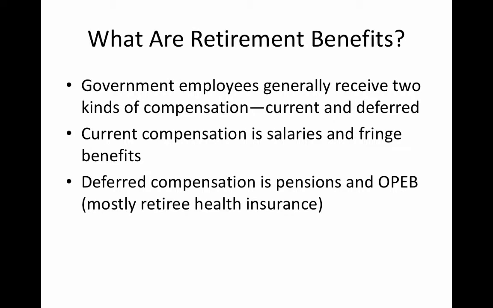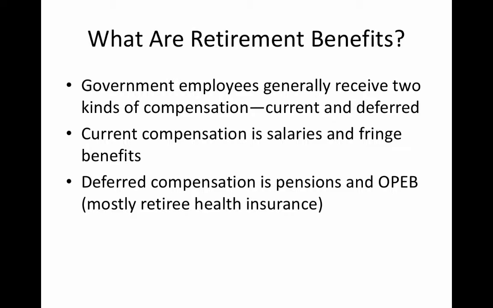So as you know, people who work for governments are generally compensated in two ways. They receive current and deferred compensation, and the current compensation is the pay that they receive on a biweekly or monthly basis, and also fringe benefits they get like health insurance coverage for themselves and possibly their families, paid sick leave, and so on.